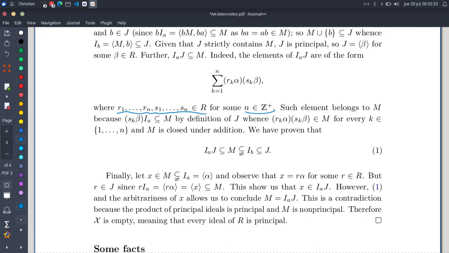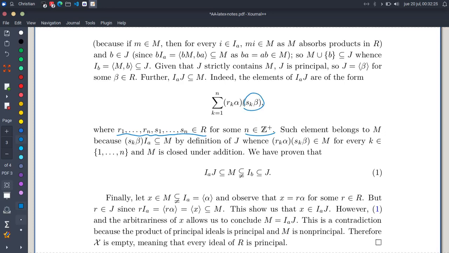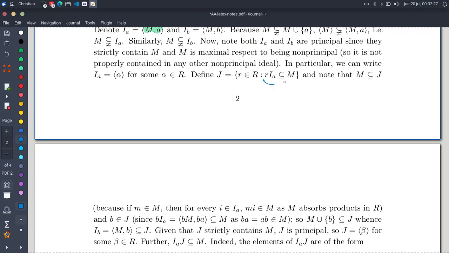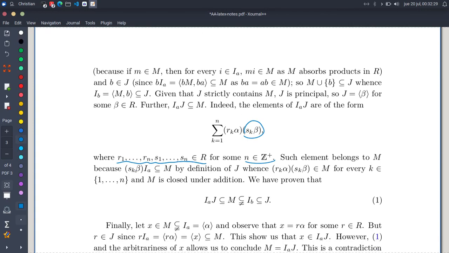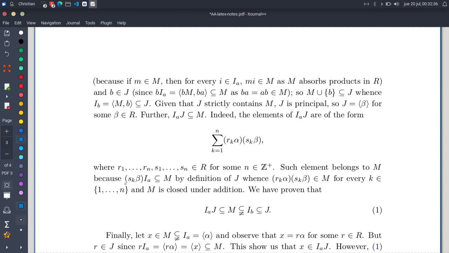Notice by the definition of J that this element satisfies this condition. So s_k beta multiplied by I_A is contained in M by definition of J. So it follows that if we multiply s_k beta by these elements which are in this ideal I_A, we have an element of M, and this happens for every k from 1 up to n.